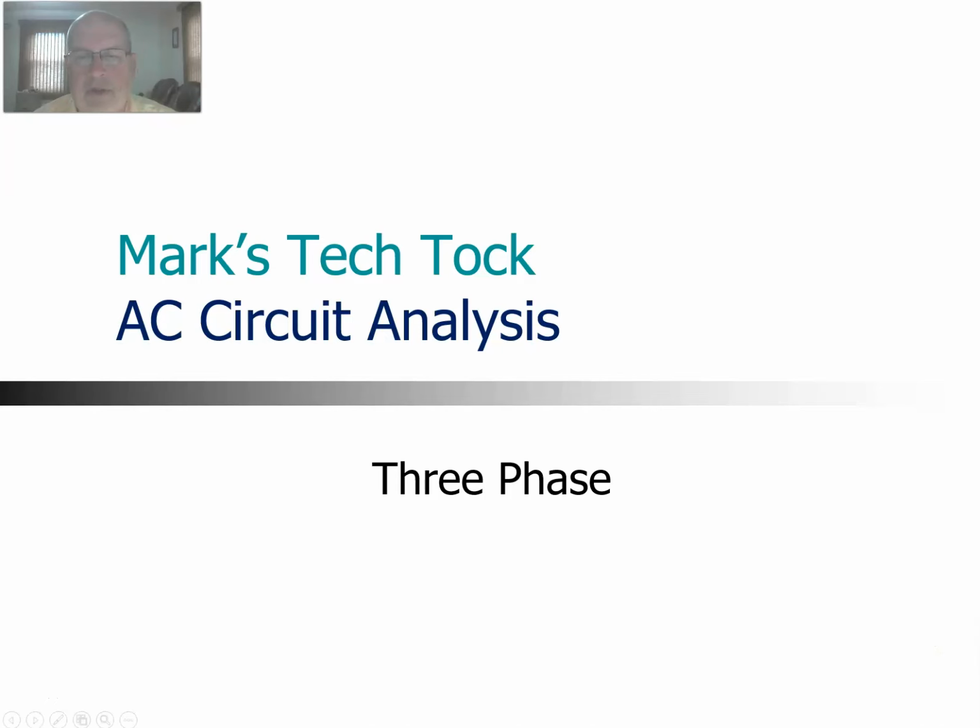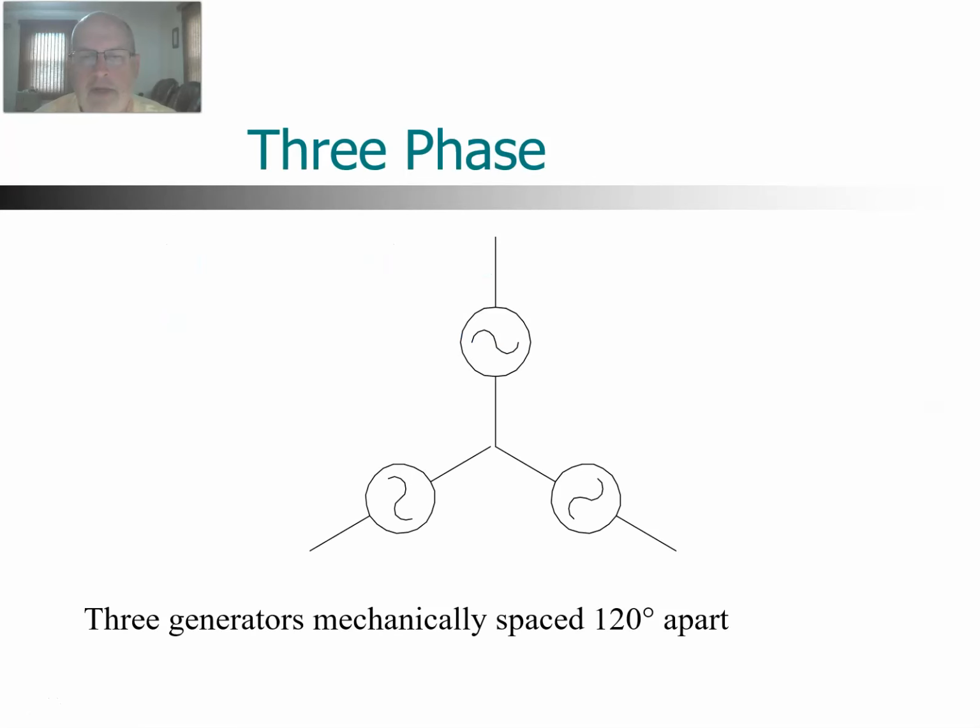In this video, we're going to look at three-phase power generation. With three-phase power generation, we essentially have three different generators that are all contained within the same enclosure, and they're mounted on the same shaft.